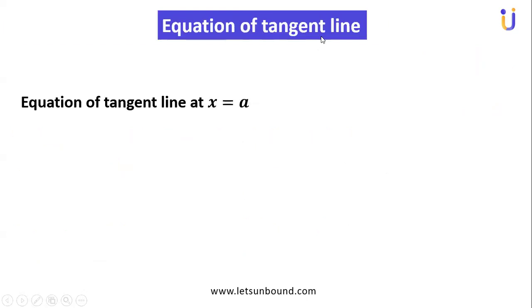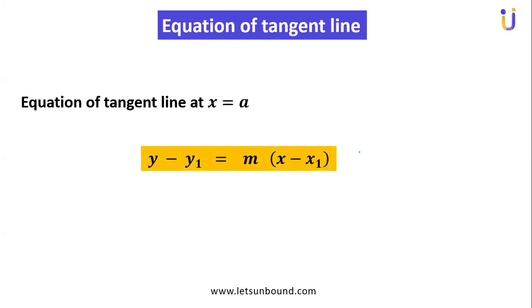Now, one more important thing, we are talking a lot about tangent line when it comes to derivative, right? So how to find equation of tangent line? We know how to find equation of line when one point and slope is given. So this is slope point form. The same thing we're going to apply in a modified version. So y minus y1, because I'm finding equation of a tangent line at x is equal to a.